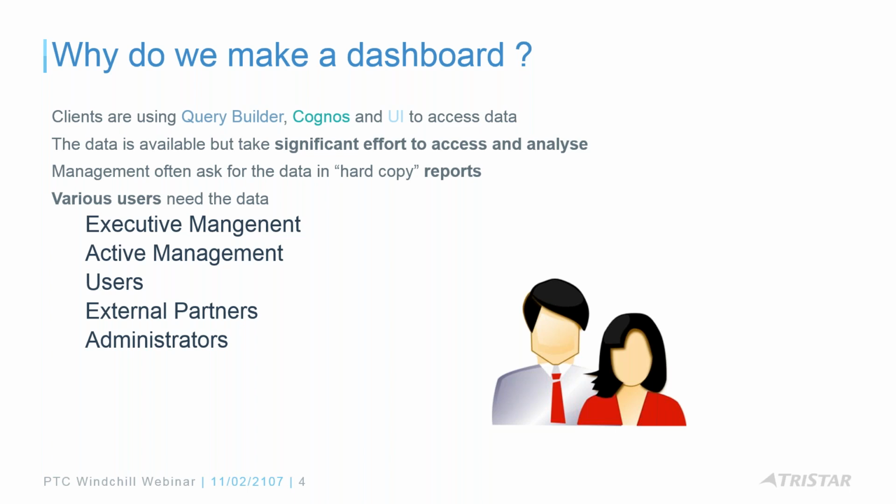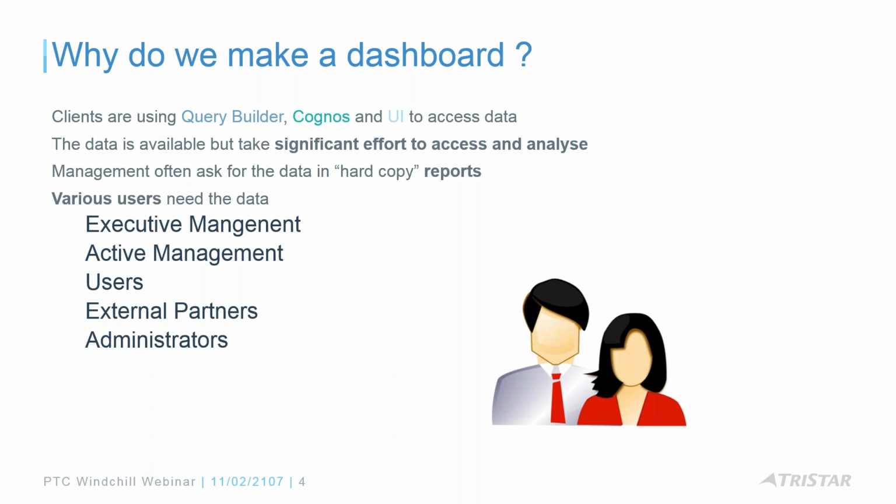And a lot of the time, at the end, management asks for hard copy reports, usually a PDF copy or so. But this is usually archived and used to track performance, used to track future vision, and so on.